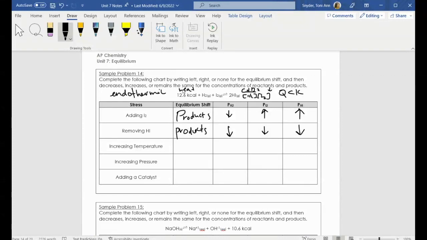If I increase the temperature, I could force this reaction to make more hydrogen iodide, so I would have a shift toward the products again. More of these are going to react with one another to produce more hydrogen iodide.